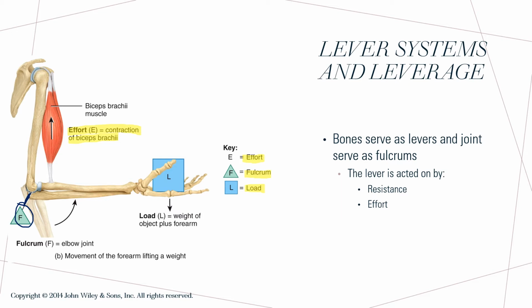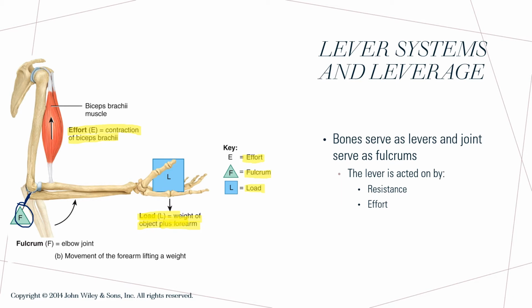The load is typically the weight of the body part that's being moved, or some resistance that the moving part is trying to overcome, like the weight of an object. So like here, this box is also contributing to that load.